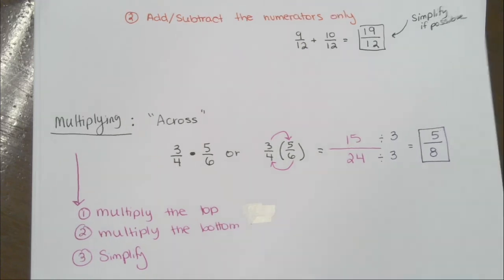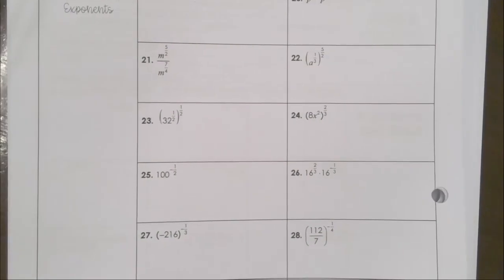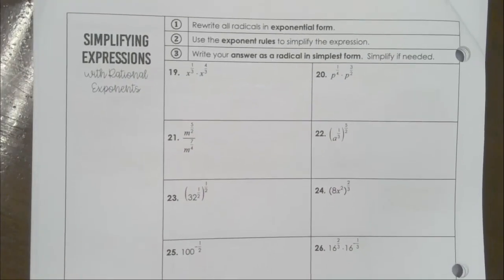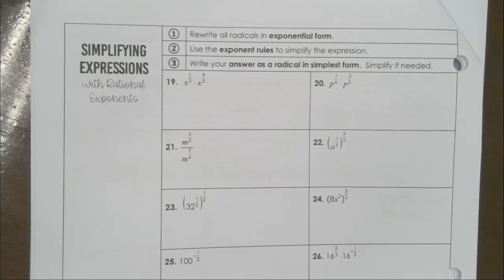You ready? On your skills packet, 5A, turn your page over to where it says simplify expressions with rational exponents. On this one, it is asking you to do a few things.